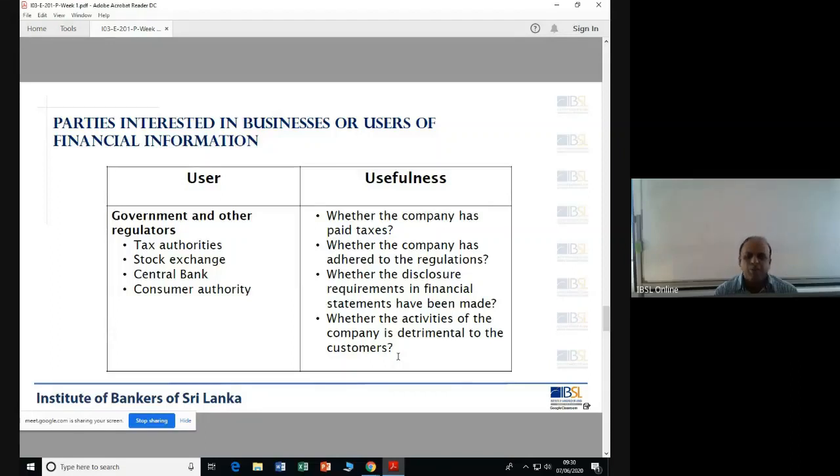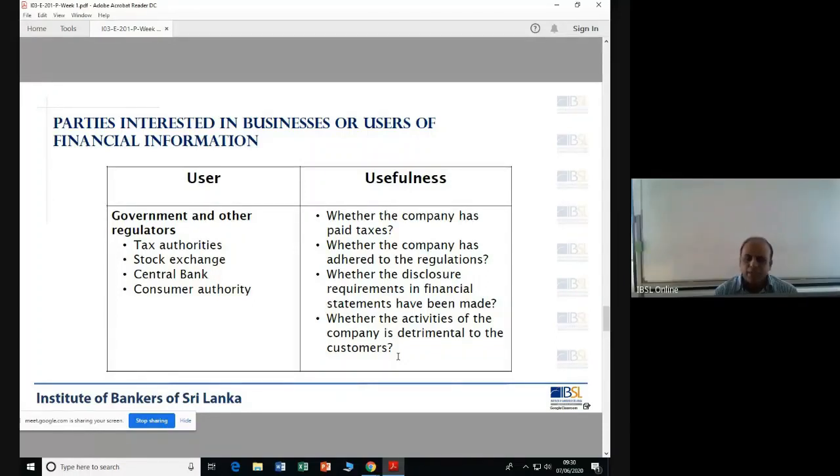The Inland Revenue Department is very much concerned about companies' performances because they collect taxes from these companies, because that is the biggest source of revenue for the government. So there are various types of taxes which are collected, and that activity is handled by the tax authorities, the Inland Revenue Department. Then the stock exchange.